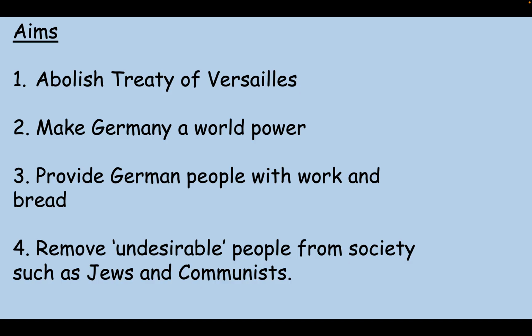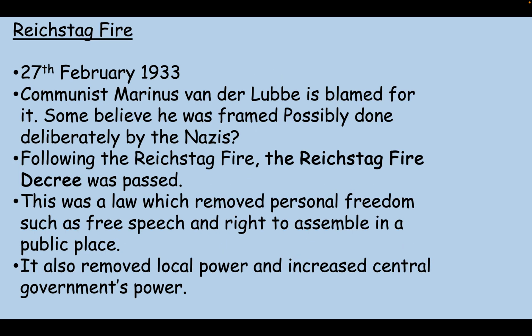So their aims were to abolish the Treaty of Versailles, to make Germany a world power, to provide the German people with work and bread, and to remove undesirable people from society, such as Jews and communists. So people who they opposed racially, such as Jewish people, and people who they opposed politically, such as the communists.